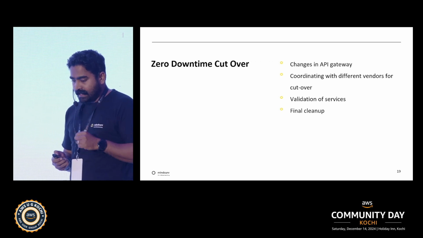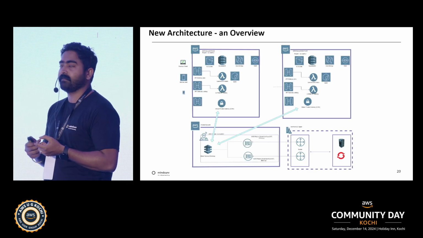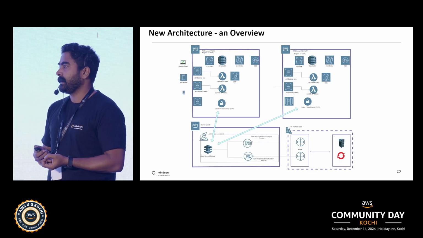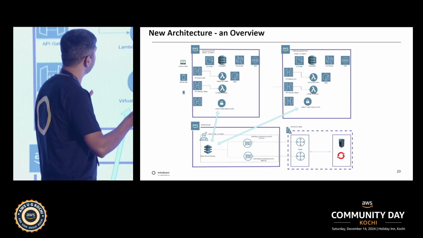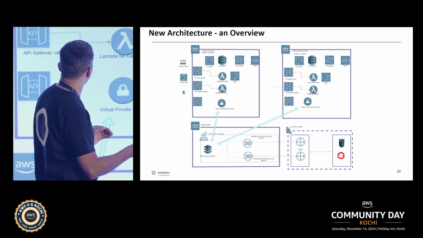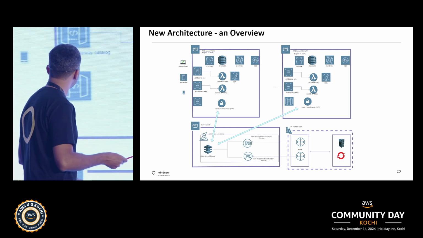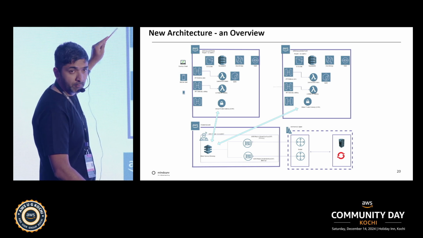So now let's take a quick look at the improved infrastructure design that we had after the migration. Yes. So here we have, as I mentioned, separate AWS accounts for each environment. And as Gireesh mentioned, instead of a single API gateway, we have provisioned multiple API gateways for each vendor.